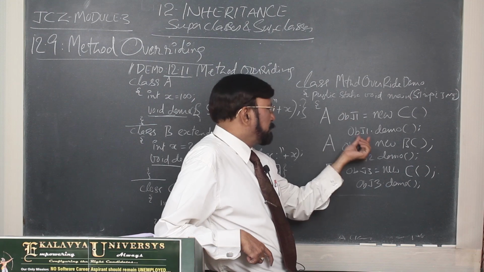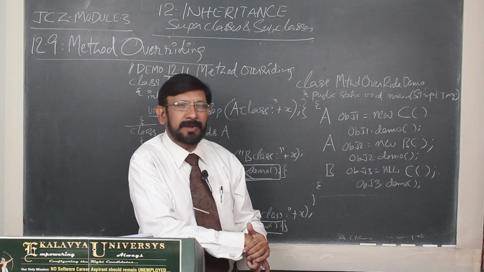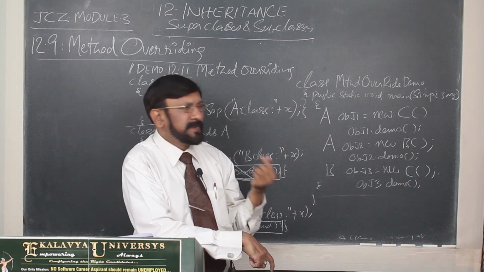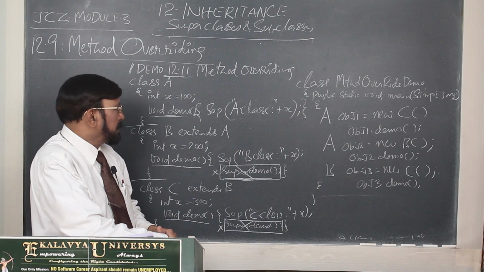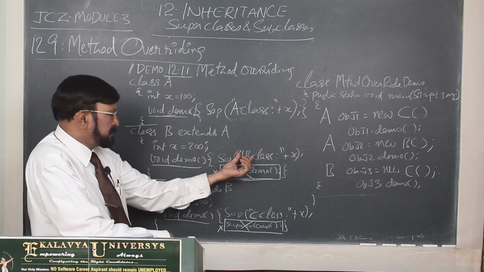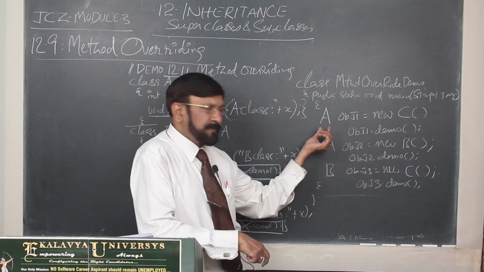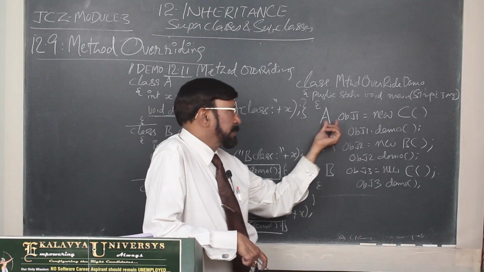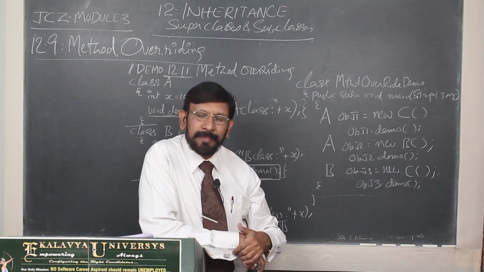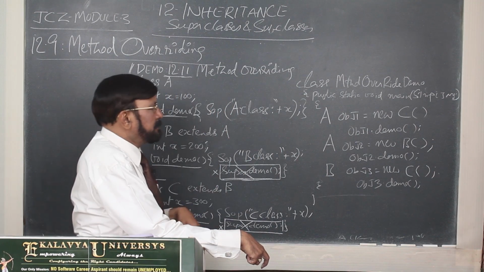Now, object 1 demo I have written, then which output is printed, this version or this version or this version, that is the doubt. Here the reference type is A, object type is C, then which version is printed?